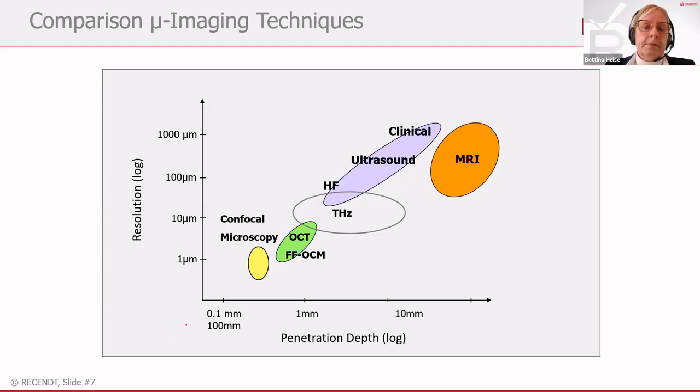In comparison with other techniques, partly also with other techniques we have available at our affiliation RECENT, OCT is an imaging technique in the range of about 1 millimeter penetration depth, but with a resolution of a few micrometers. It stands between confocal microscopy and terahertz imaging, and also ultrasound.